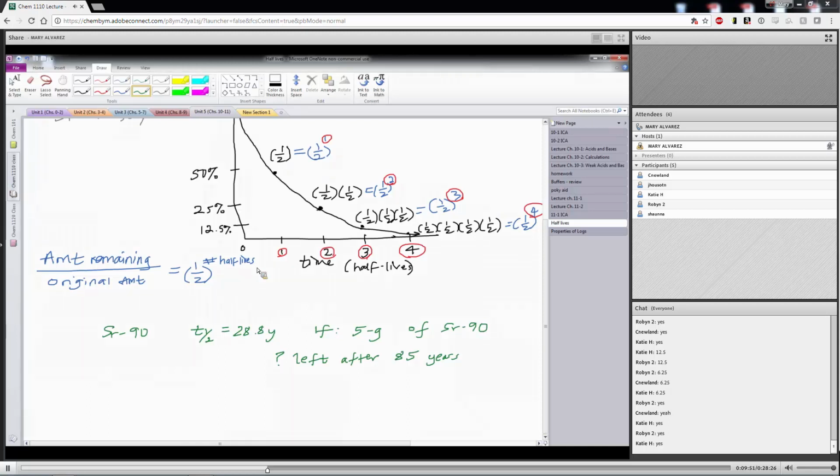Do we know how long one half-life is? 28.8 years. Let me write this equation slightly differently. 1 half-life equals 28.8 years for this problem, okay? And how much time has passed.